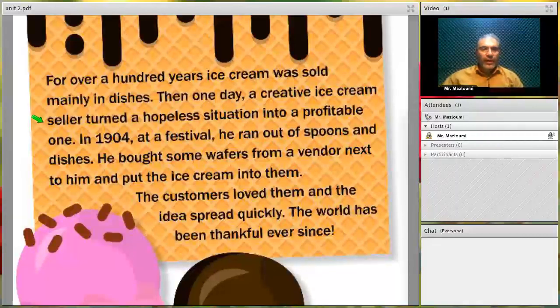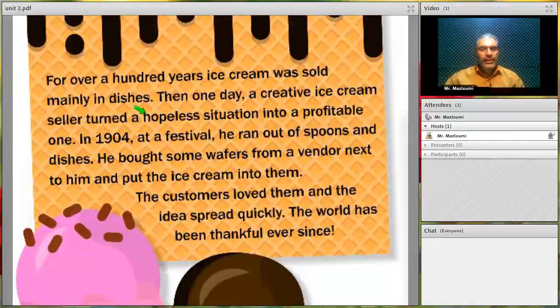So, for over 100 years, ice cream was sold mainly in dishes, just plates. Then one day, a creative ice cream seller. Remember create, creator, creation, creative. Creative means inventive, having new ideas.